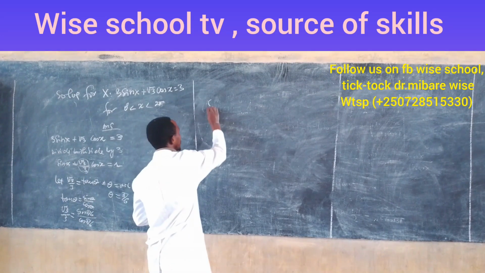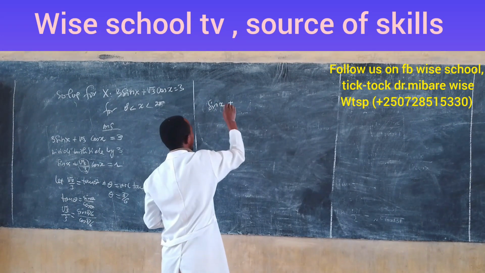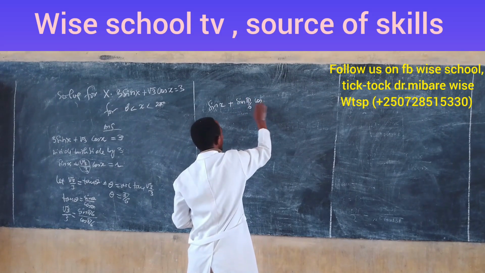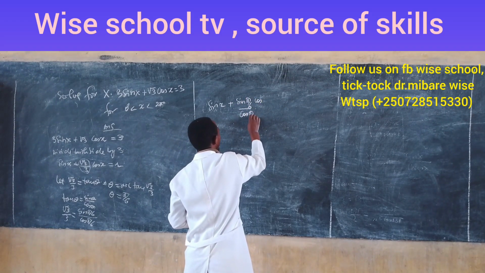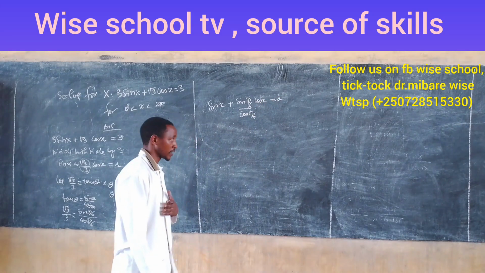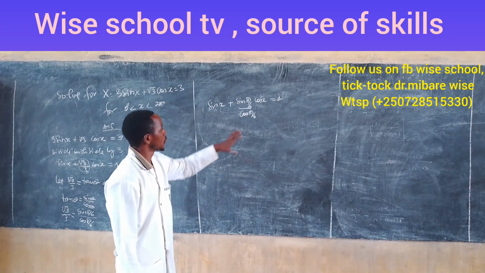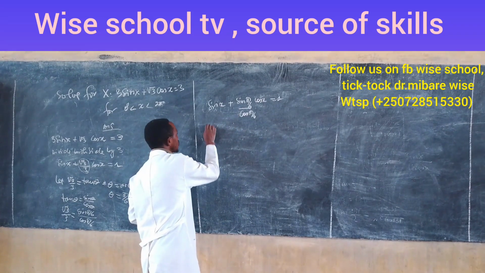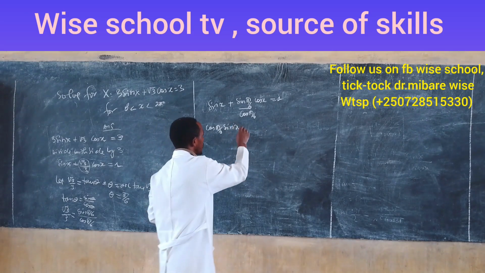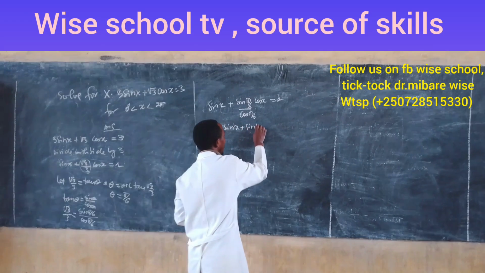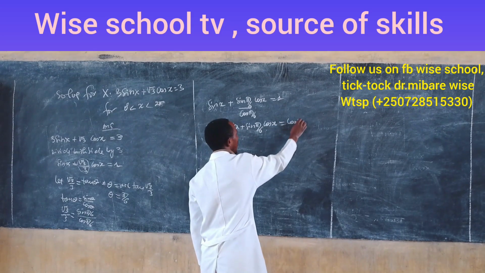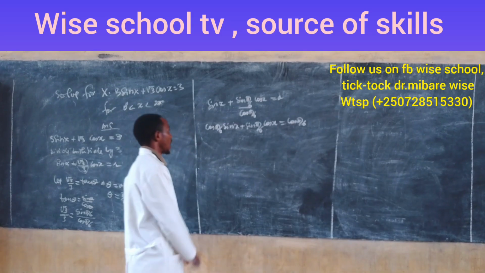We get sine of x plus sine of pi over 6 over cosine of pi over 6 times cosine of x is equal to 1. How to solve this? So we take the common denominator and get cosine of pi over 6 sine of x plus sine of pi over 6 cosine of x is equal to cosine of pi over 6.